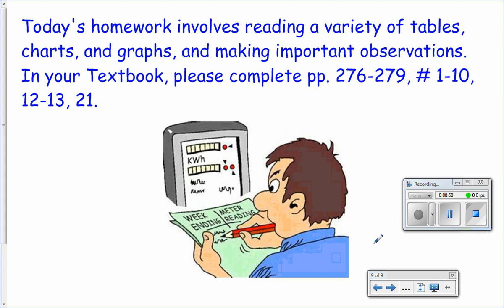So in your textbook, you're going to work on pages 276 to 279. Going to work with the first block, numbers 1 to 10. Skip 11, you've got 12 to 13, and then you're going to finish off with 21. And that concludes today's video.